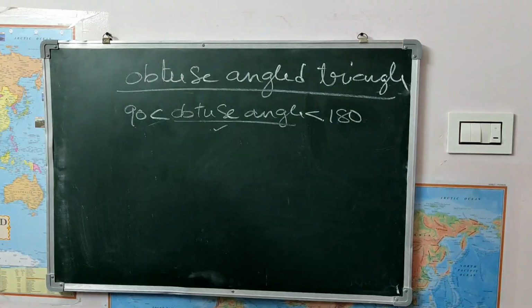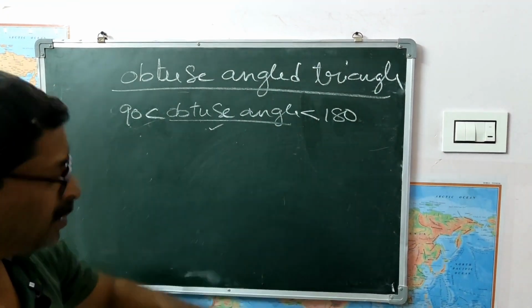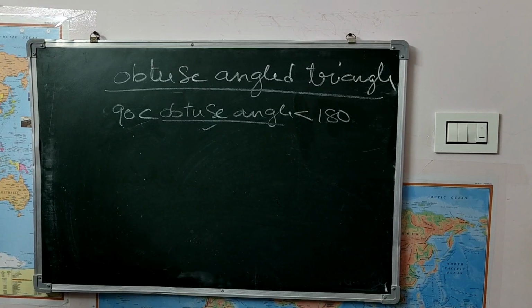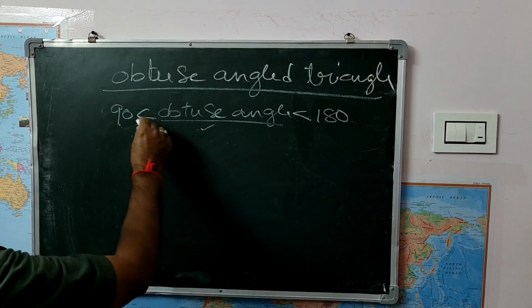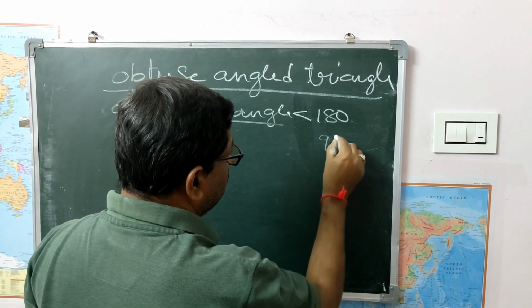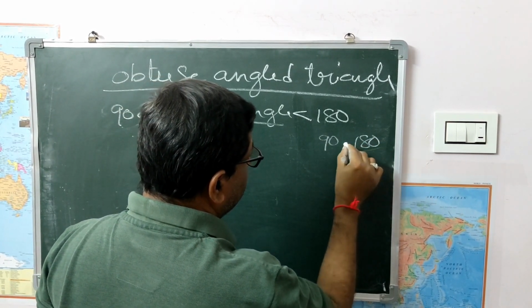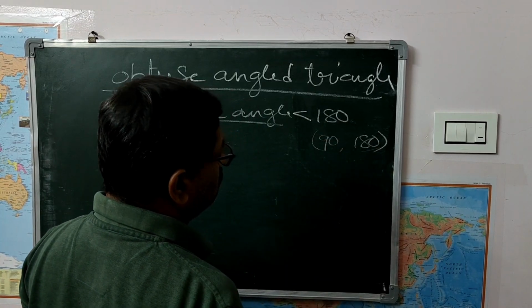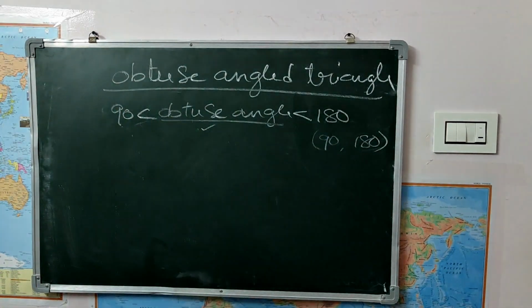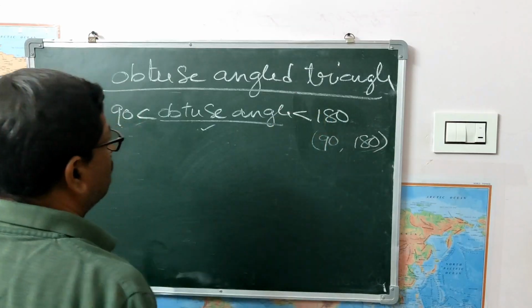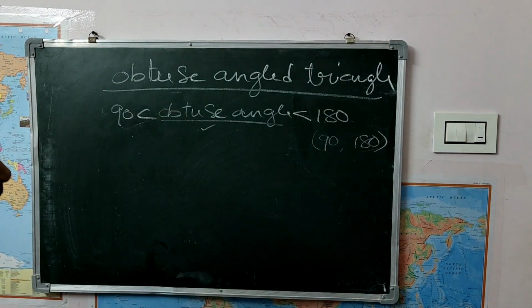This is 90 degrees less than obtuse angle less than 180 degrees. That means the obtuse angle lies between 90 degrees and 180 degrees. You can write it like this also. This is called an open interval. We come to that in the higher classes. But remember, 90 and 180. Between 90 and 180 an obtuse angle lies.